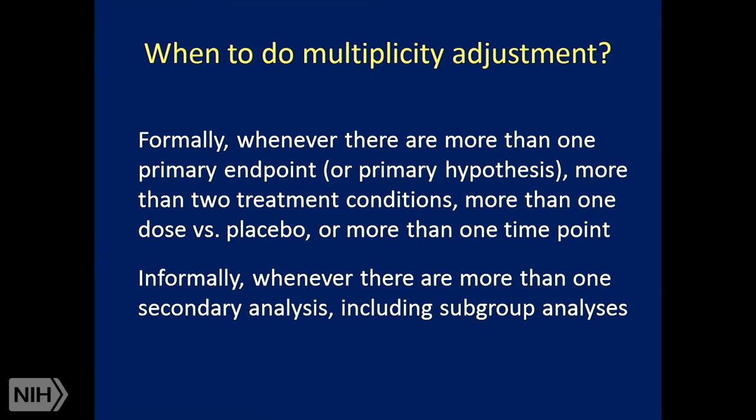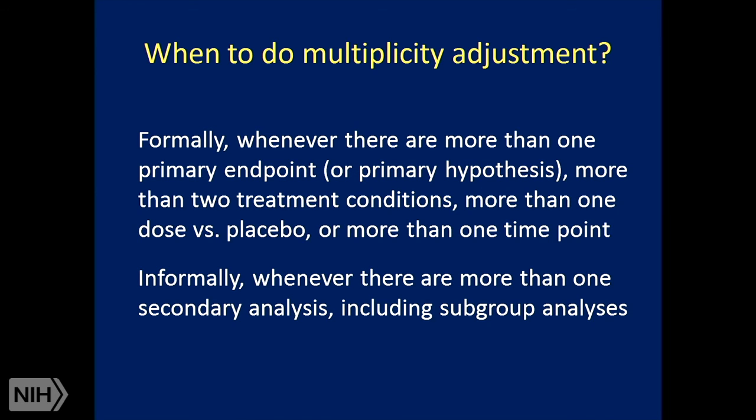Informally, if you're doing secondary analysis or subgroup analysis, so you're writing a paper, you try gender differences, different races, different age groups, and all that. And you say, well, because I've done so many, instead of using a cutoff of 0.05, I'm going to use a cutoff of 0.01 or 0.005.